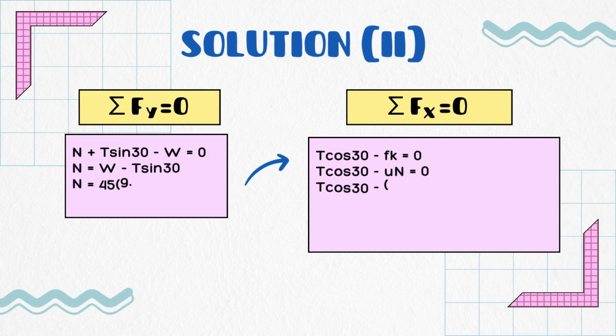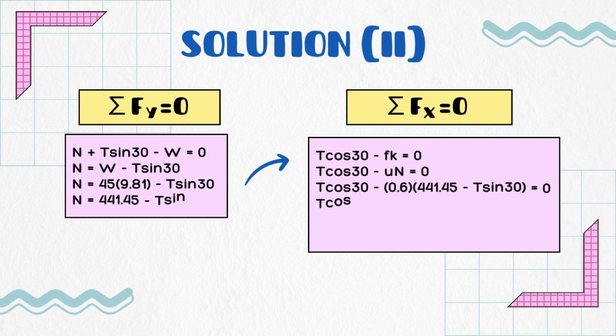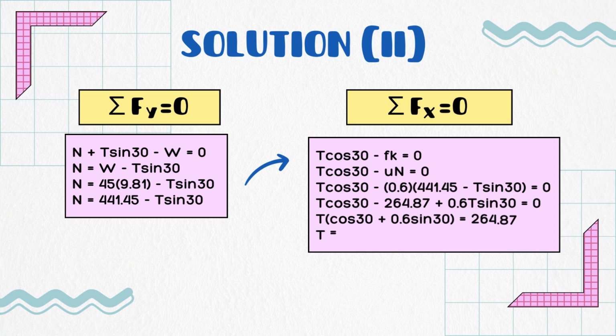N plus T sine 30, where 30 is the angle, and also minus W. W equals mg, so you just substitute the mass, 45 kg for m, and g equals gravitational acceleration, 9.81. So you get the normal force equal to 441.45 minus T sine 30.